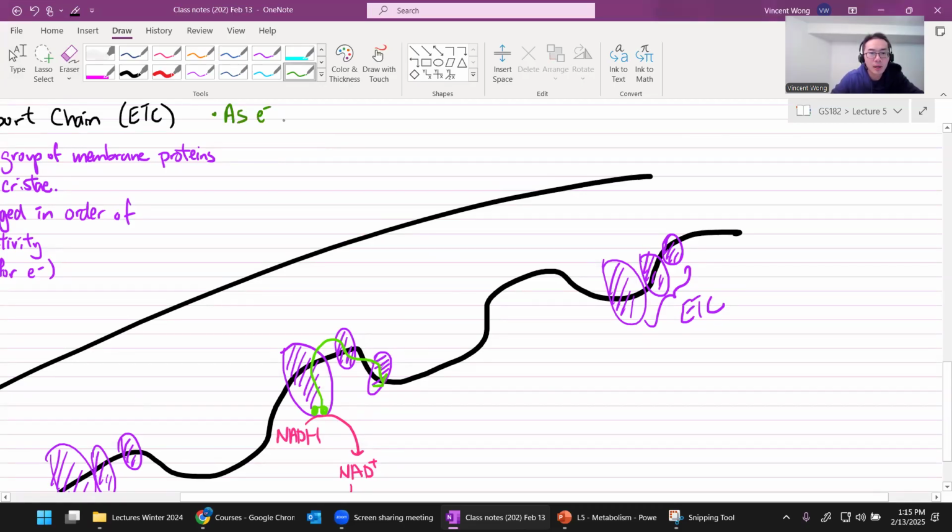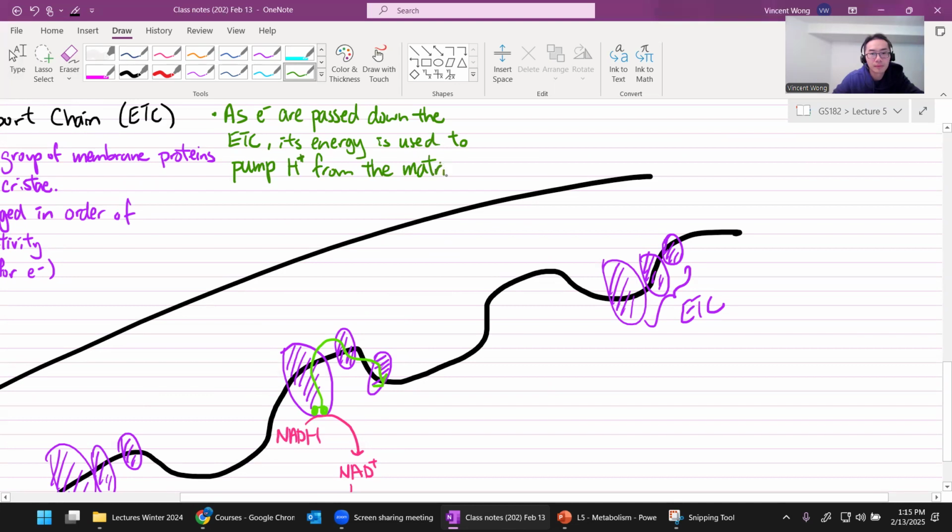As electrons are passed down the ETC, its energy, remember these are high energy electrons, its energy is used to pump H plus from the matrix into the intermembrane space.